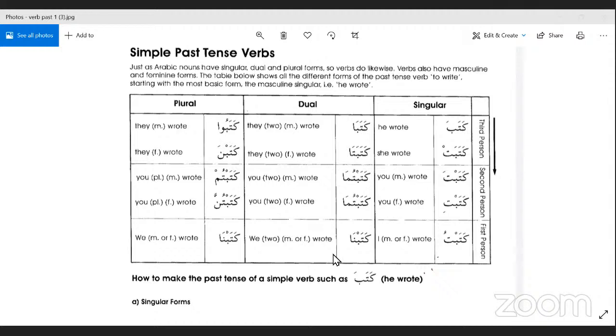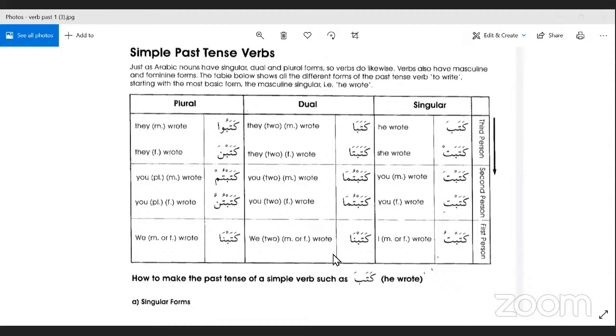Go ahead. Okay, so kataba, he wrote, third person singular. Kataba, they two male wrote, dual. Katabu, they masculine all wrote, more than two.